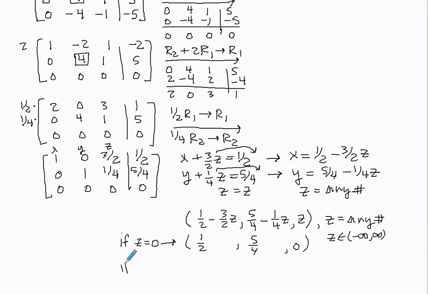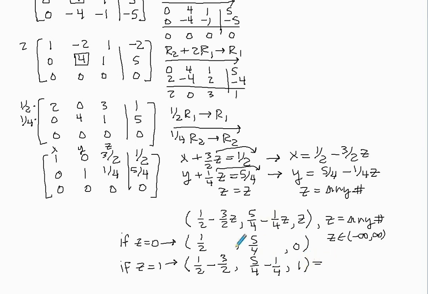If we picked z equals 1 instead, then that will give us a different solution. That'll give us 1/2 minus 3/2 times 1, so 1/2 minus 3/2. And here 5/4 minus 1/4 times 1, so that'd be 5/4 minus 1/4. And then the z that we picked was 1.